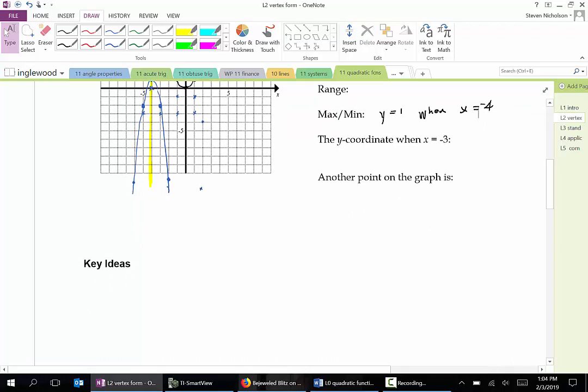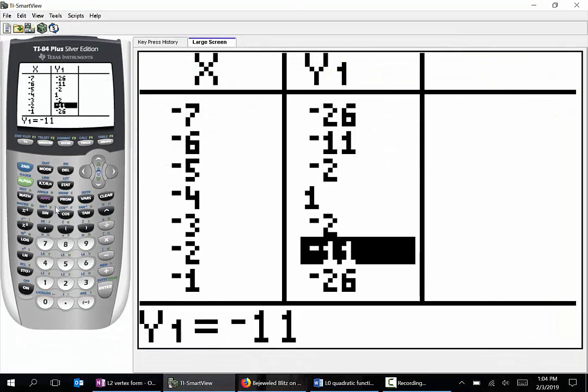Well, in order to figure that out by hand, without drawing the picture or without our calculator, what you simply do is wherever you see an x in our equation, you plug in the value that you're interested in, and we get -2. But let me just show you something on your calculator.